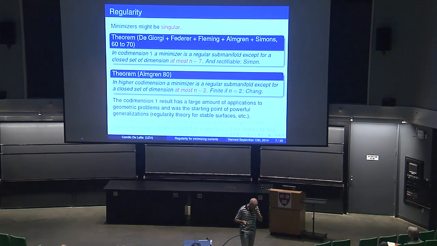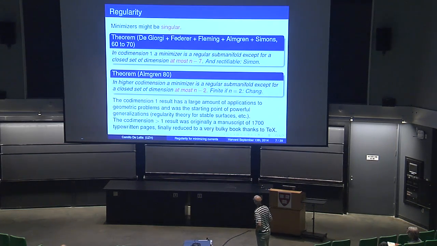And the reason for this, some of the people here are the founders of many spectacular achievements that you can do with minimal hypersurfaces in the study of geometry and topology of manifolds. The codimension bigger than 1 result has, I would say, much less repercussions.